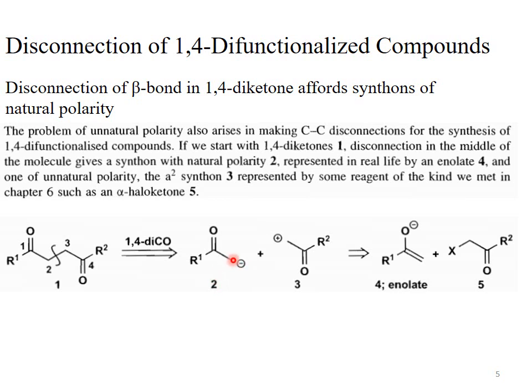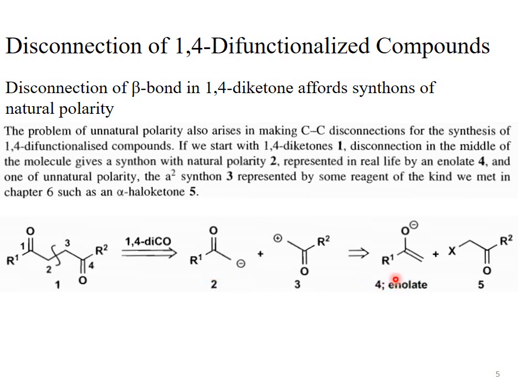See, this is a 1,4-diketone. When this beta bond is cleaved, then one fragment will carry the positive charge and the other fragment will carry the negative charge. Fragment 2 is a D2 fragment. D means donor fragment, and it contains 2 carbon atoms.